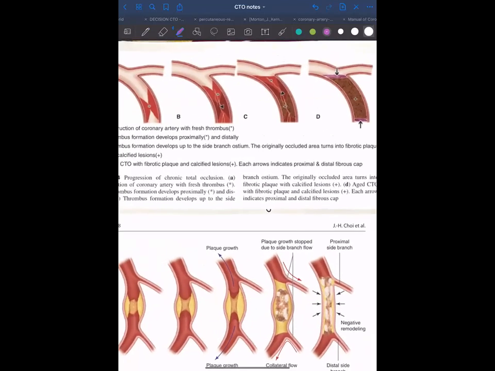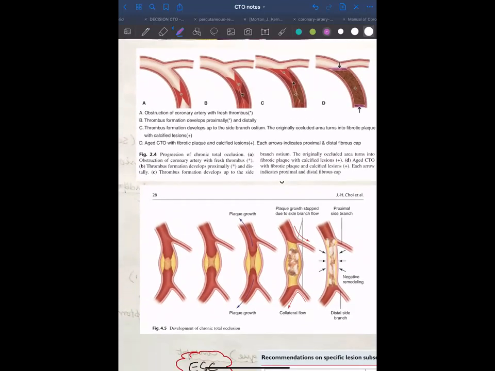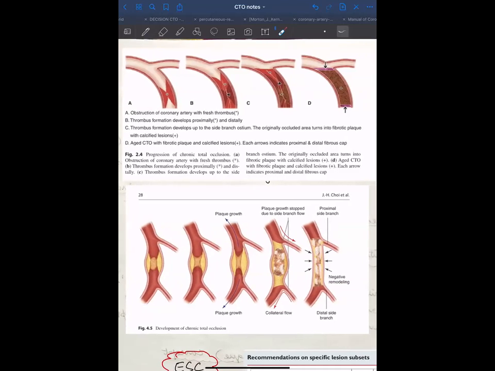Okay. Going to the evolution of CTO and pathophysiology, I'll focus on the first picture here. The coronary artery first occludes with a fresh thrombus, as we can see in picture A, and then the thrombus matures and forms a fibrous plaque, and the fibrous plaque then invokes calcium. Once the occlusion is complete, the tapering into the lesion slowly starts to fill up.